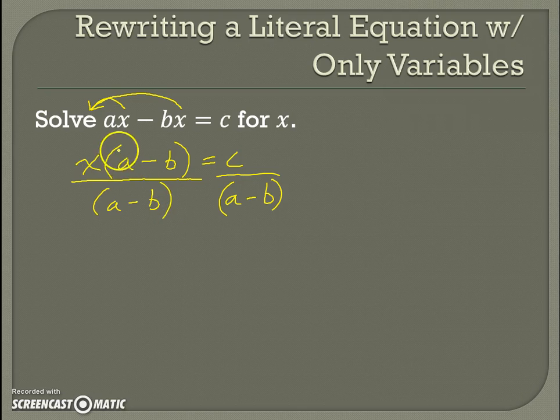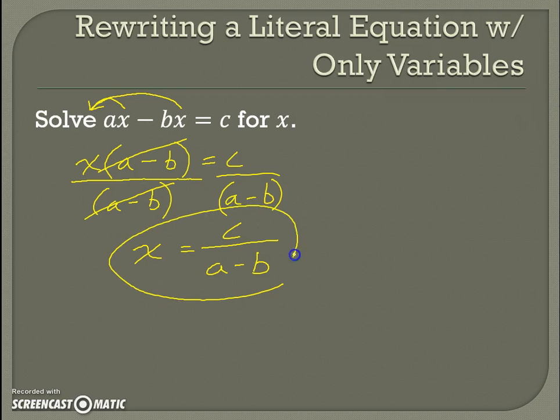Because it's in parentheses, I could treat this entire thing as its own term, which means that these two things can simplify out, and I'm left with x. And then over here, I'm left with the c in the numerator, and a minus b in the denominator. So right there is my solution.